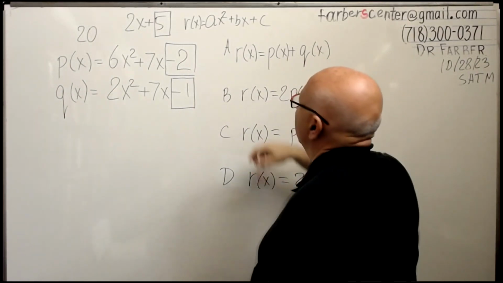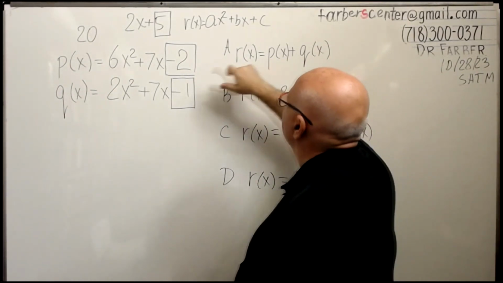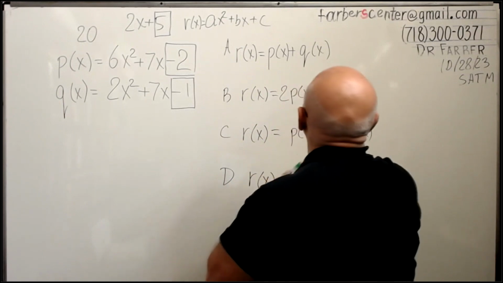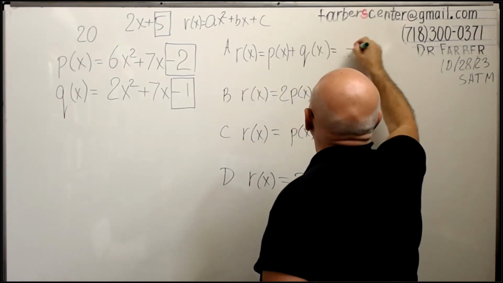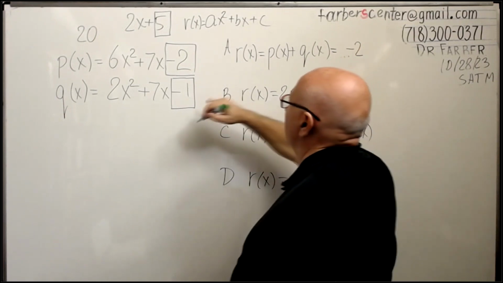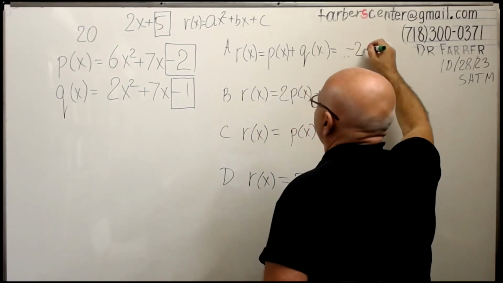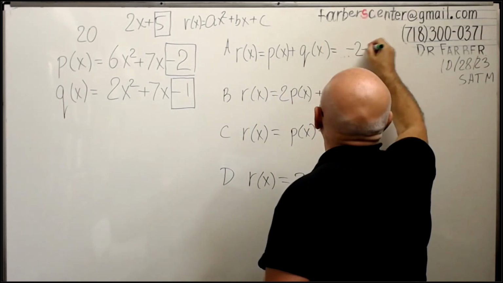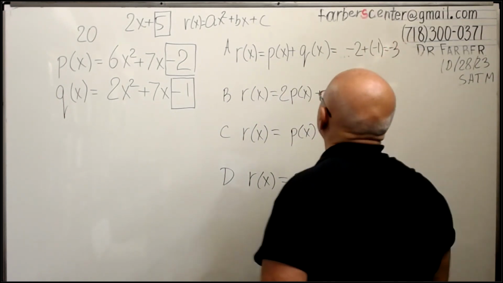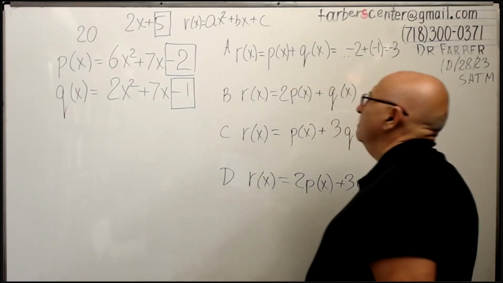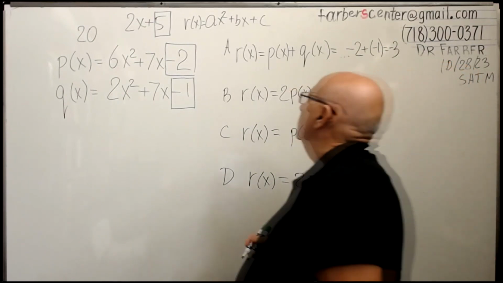This is p of x. Of p of x, I took negative 2. And this I take plus negative 1, which is negative 3. Is negative 3 divisible by 5? No. Garbage.